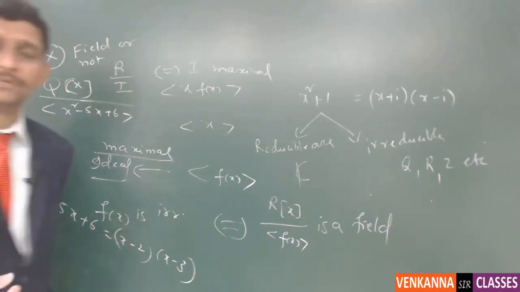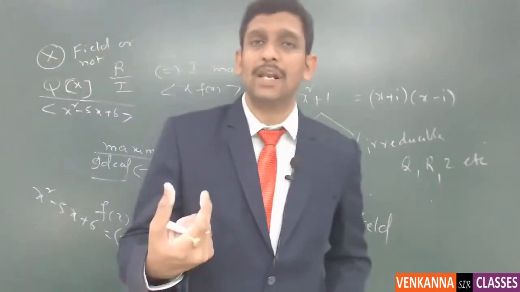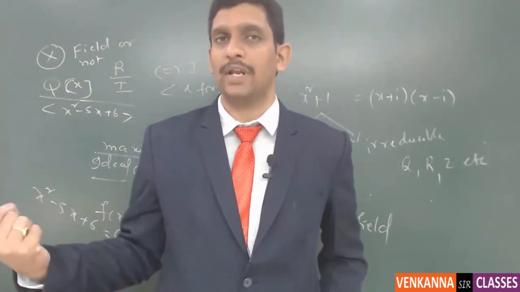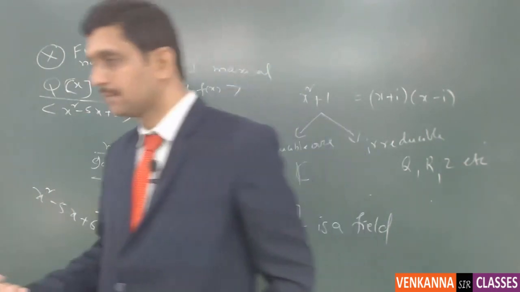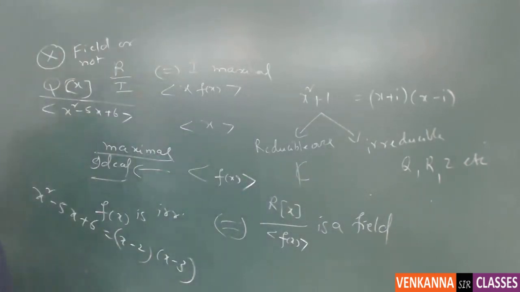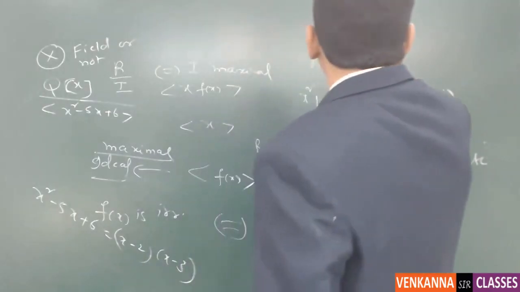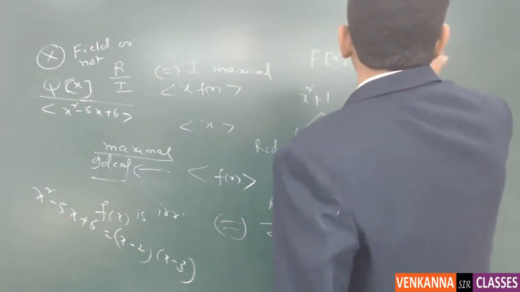There is a proof. An ideal is maximal if and only if it is generated by an irreducible polynomial, that we will discuss in the next class. The result part: irreducible polynomial multiples always generate the maximal ideal. Right. And F of x is always a principal ideal ring.